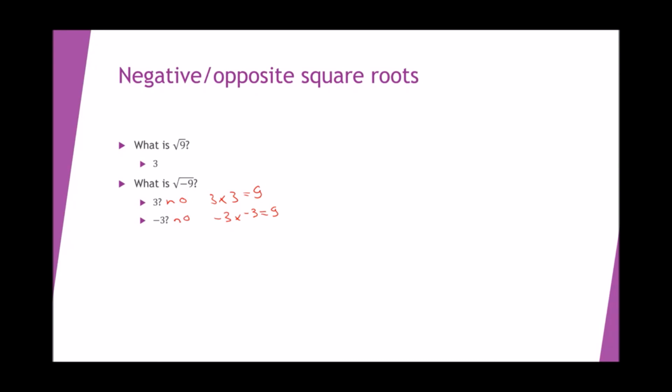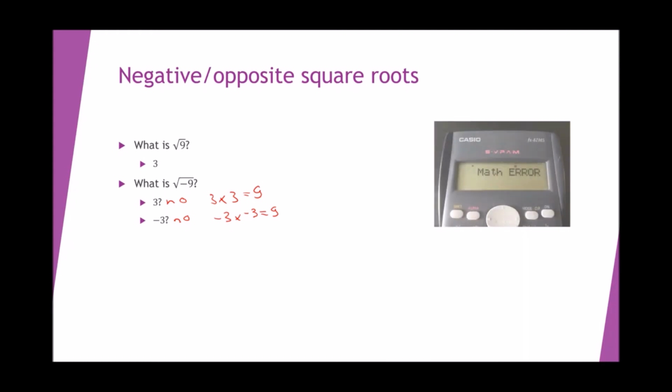And we can try to fill this into our calculator, but if we do that, we get a math error. The math says this is not possible, and we see that already. So there is actually no square root of a negative number. A mathematician may say that it's actually 3i, but the i literally stands for imaginary, so you don't have to worry about that.